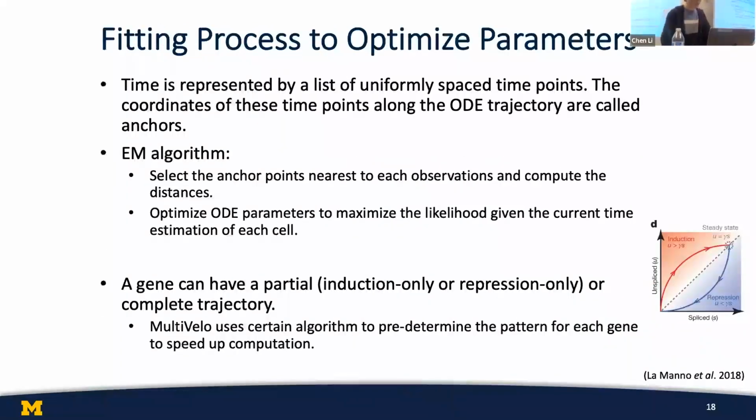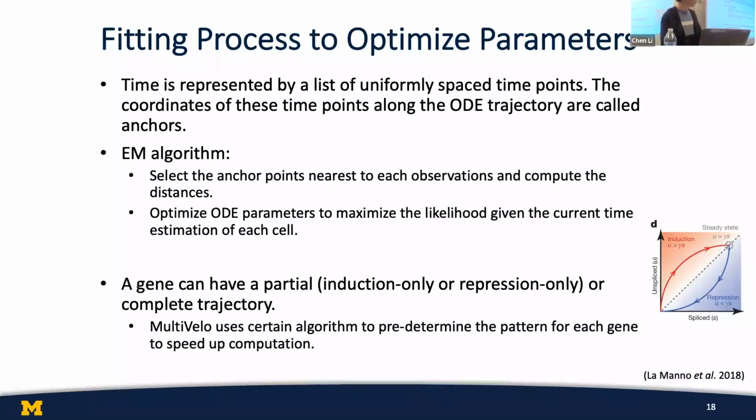The actual fitting process is that we now use a list of uniformly spaced time points to represent the actual time. The ODE solution, as I said before, not only depends on the rate parameters, but also depends on the time. We not only don't know the ODE solution, but also we don't know the time either.